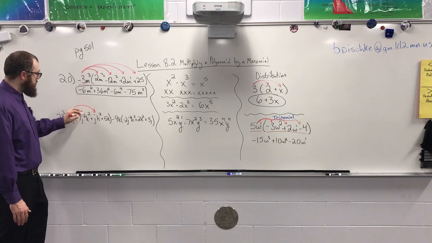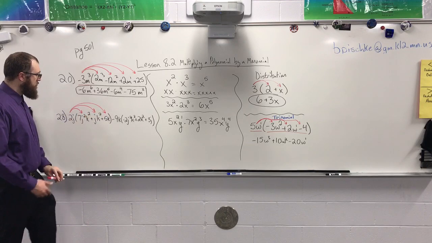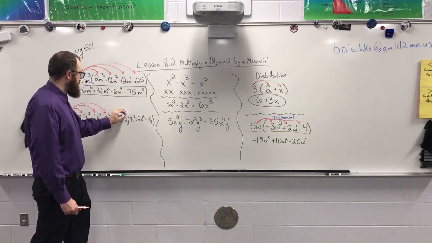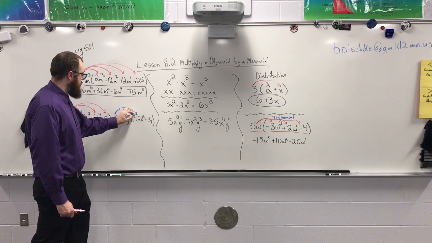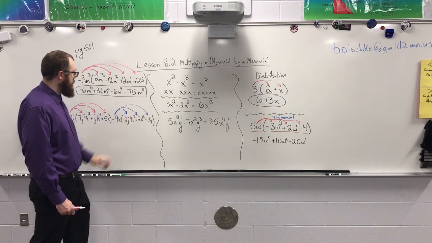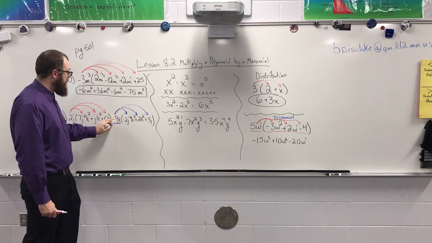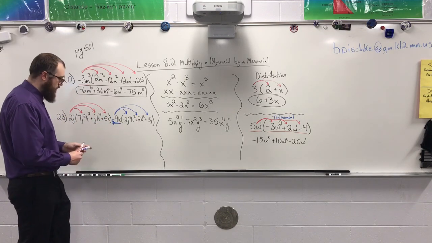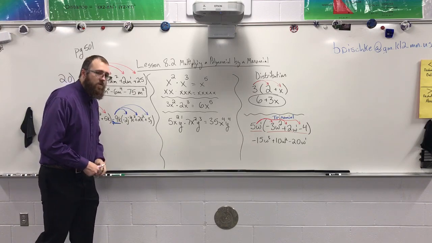Here's my first distribution. Here's my second distribution. Now when I distribute this second part, that is going to come into play, and we'll talk about that when we get there.